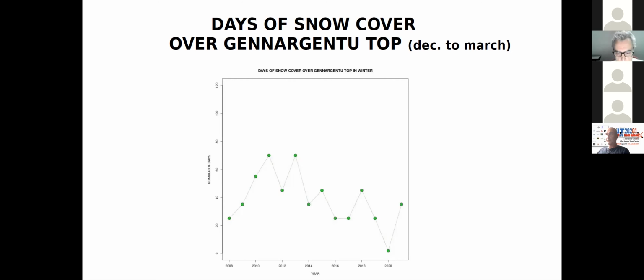We can see that the lowest value is about 5 days in the winter of 2019, 2020, the previous winter, while the highest values are about 70 days in the 2010, 2011 winter, and in the 2012, 2013 winter. The median of this series is about 40 days. Of course, there is a high interannual variability.